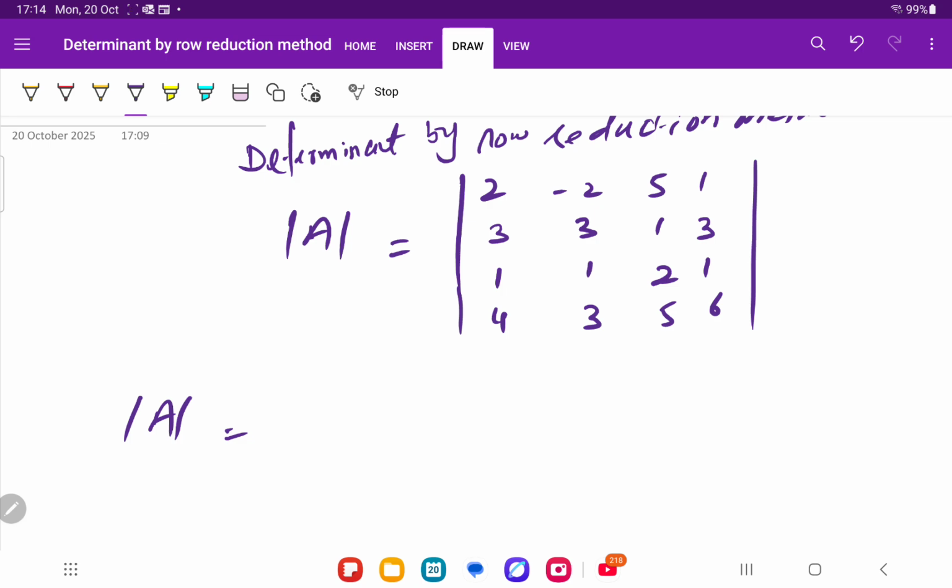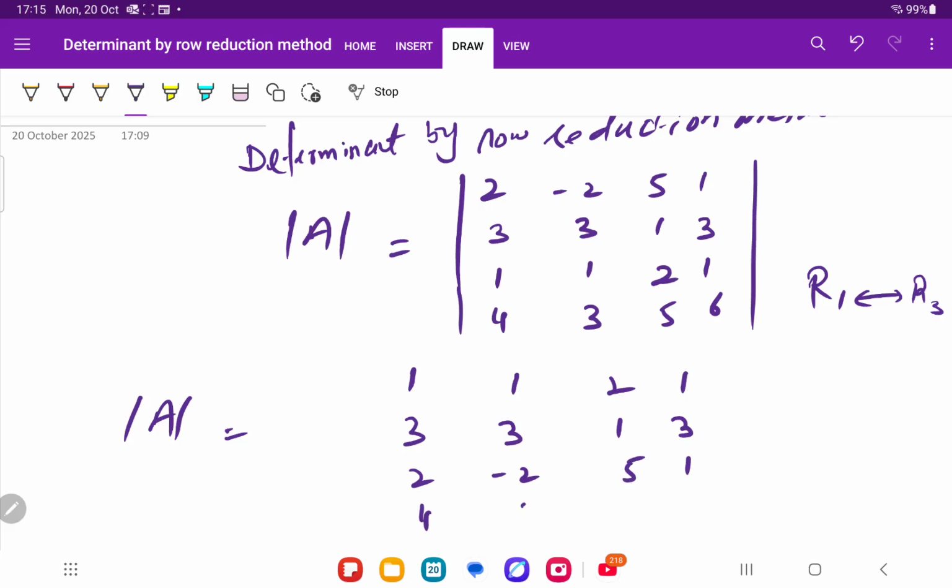Change row 1 to row 3. I have to interchange row 1 with row 3 because row 3 has 1. So I am placing row 3 on top, and row 2 will remain row 2, then 2 minus 2 5 1, and the fourth row will remain the same.